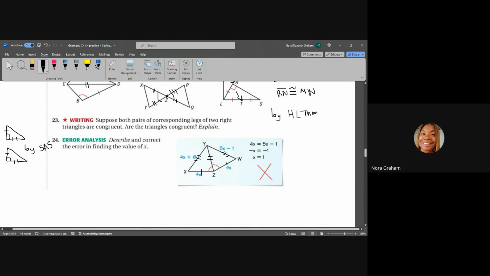So he messed up by putting these two sides as corresponding. You want to put your corresponding sides equal to each other. So the way he could have fixed this is you don't put it equal to that, right? He should have put it equal to 4x plus 6, and then solved for x from there, all right? So that was his error. He didn't set up his corresponding sides correctly.